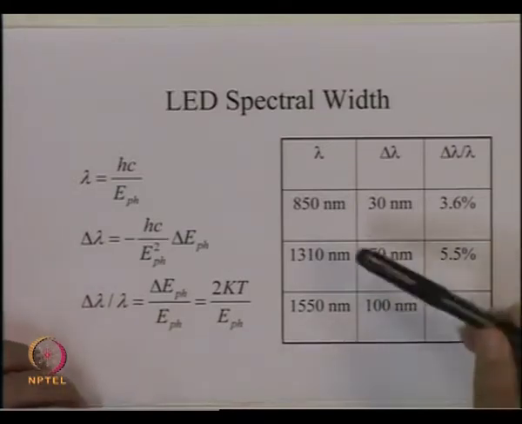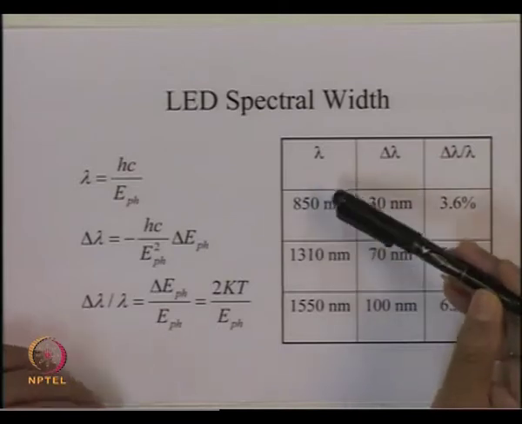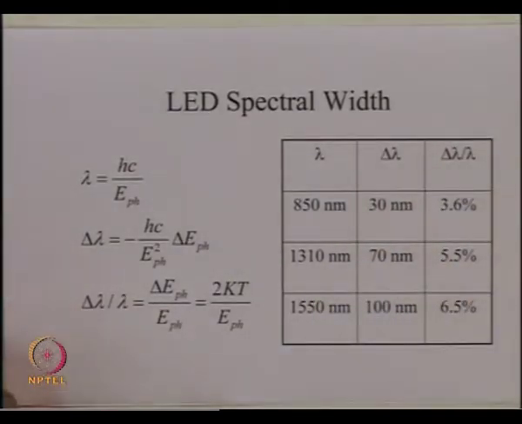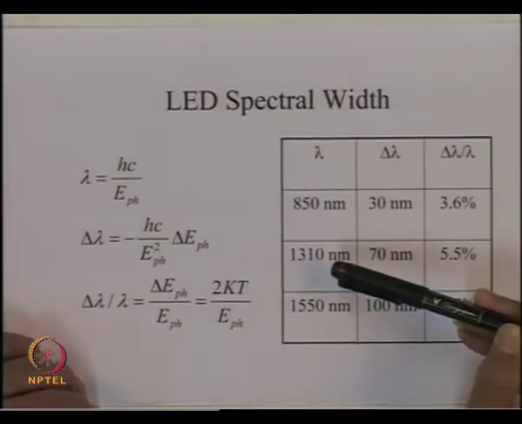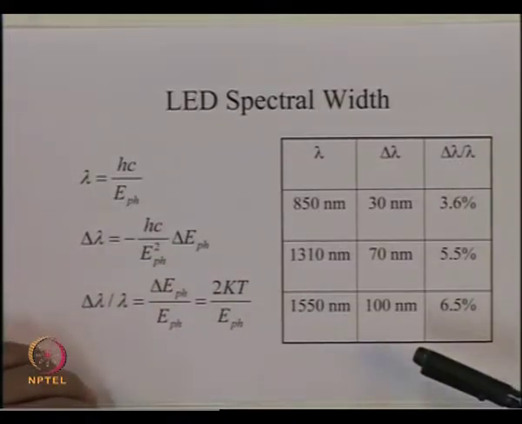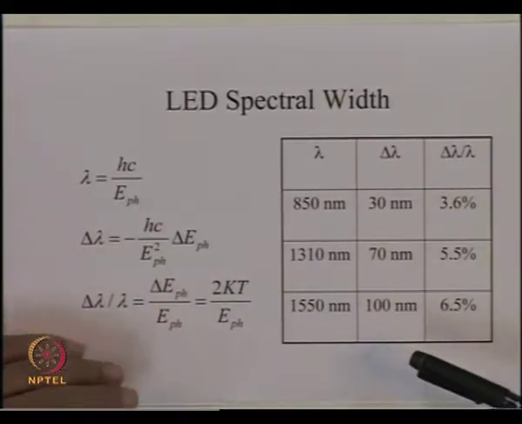Now, remember, when we were discussing different windows for optical communication, we went from 850 nanometer to 1310 nanometer, because that is where the dispersion is going to be lesser. But that was under the assumption that other parameters of the system remain same.